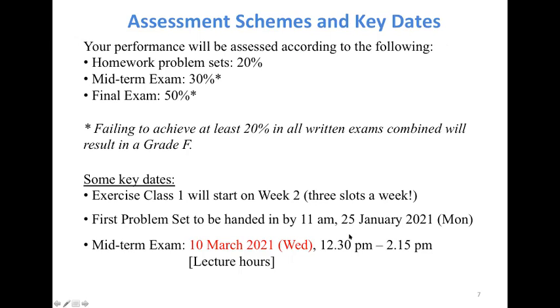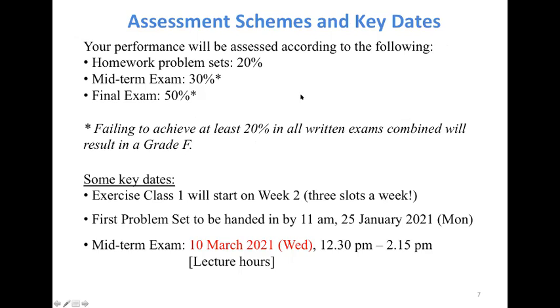Important information, but standard. Homework: this is the assessment scheme. Homework will take 20%, midterm will take 30%, final will take 50%. Please let me remind you that in order to qualify to be assessed for this course, you need to achieve at least 20% in all written exams.